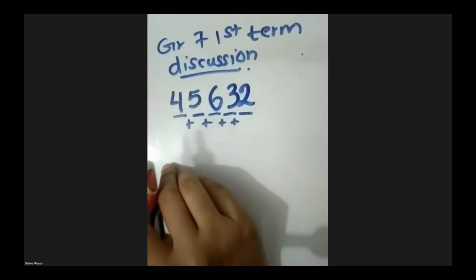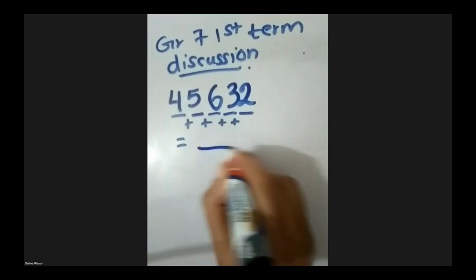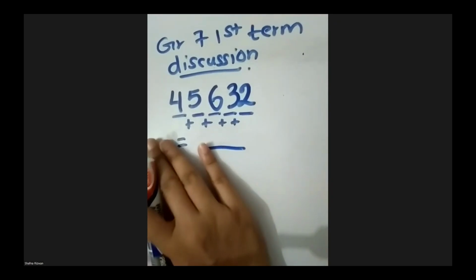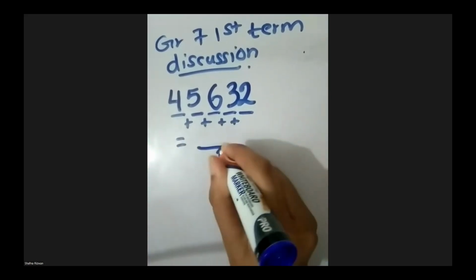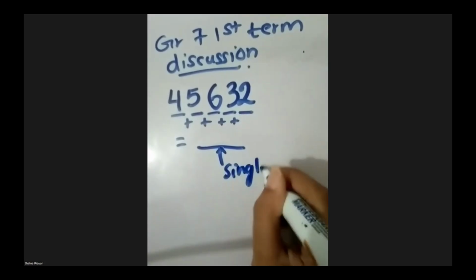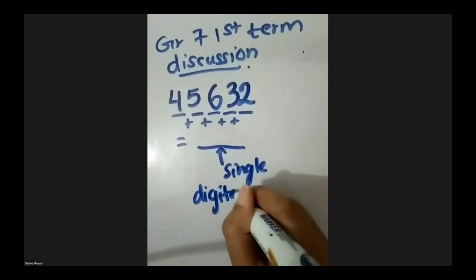Once you add all the digits together, finally you will get a single answer. That single digit that you get is known as your digital root.